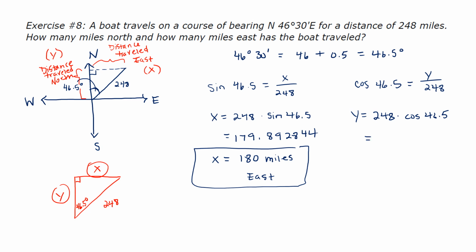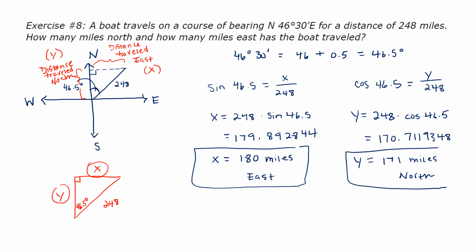When you plug this into your calculator, you should get 170.711948. Rounding to 3 significant digits, we'll get 171 miles north. All right, so how many miles north and how many miles east has the boat traveled? 180 miles east and 171 miles north. That's pretty cool.